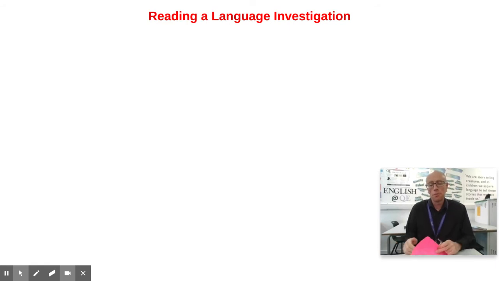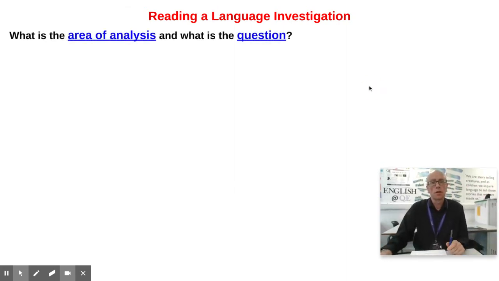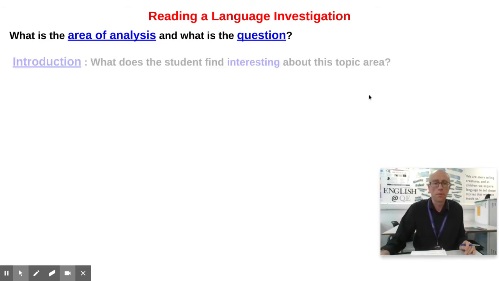Okay, so if you were in my class now, I would be throwing out to you a whole load of previous language investigations. You would be on page 5 in your booklet, and you would be doing a breakdown of what you're reading in front of you. So you'd be thinking about, well, what is this area of analysis that the student has chosen, and what exactly is the question?